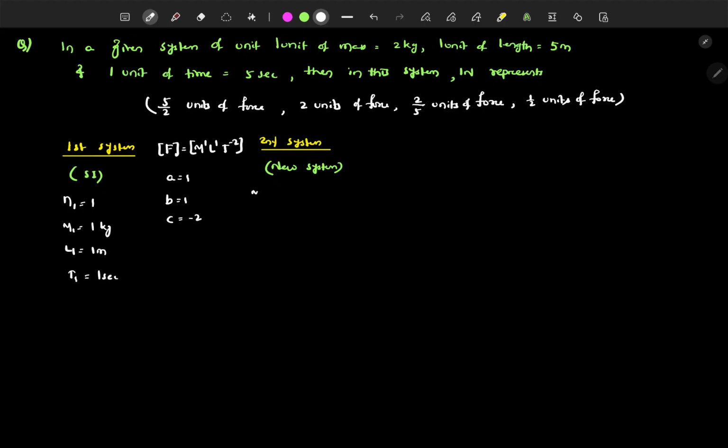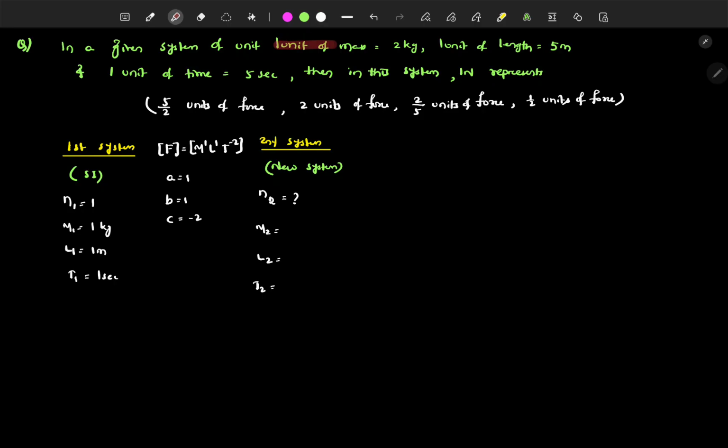Here in the new system, the N2 value is required, that is the question mark, along with the M2, L2 and T2 values. Remember, don't blindly put M2 equal to 1 gram, because the second system is your new system. This is not the CGS system. It is not asking to convert 1 Newton into the CGS system. Don't think like this. Read the question properly.